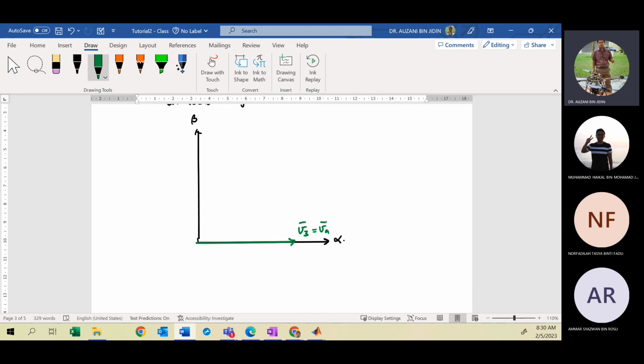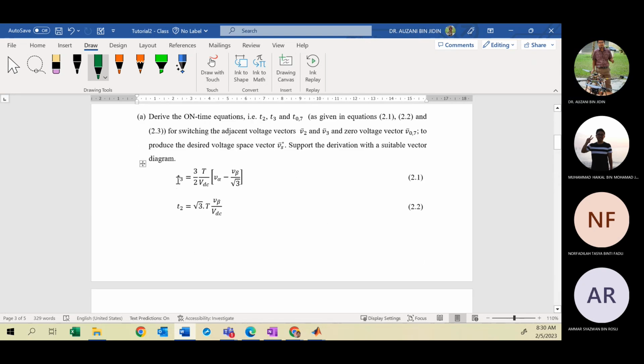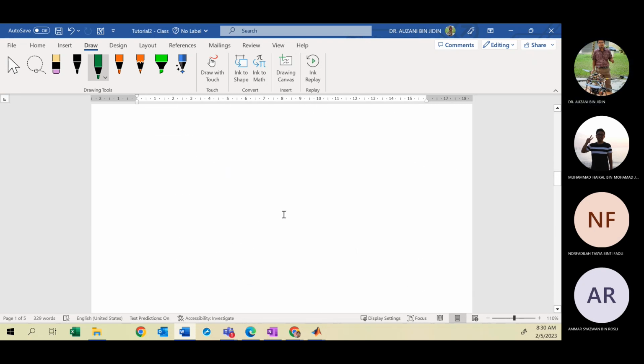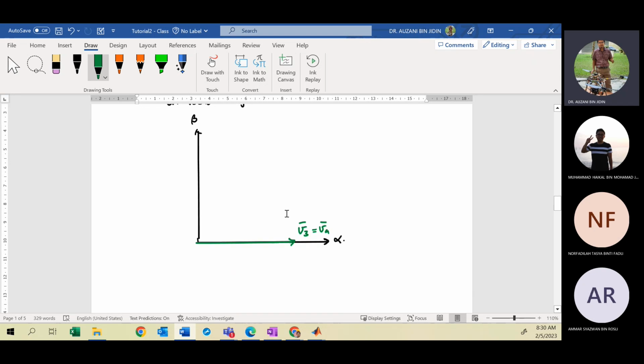Okay, then another adjacent vector is V2, right? So the angle difference between V2 and V3 must be 60 degrees. Okay, this must be 60 degrees. So then V2, you can draw like this. This is your V2.